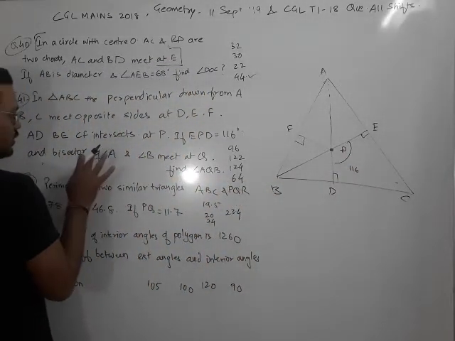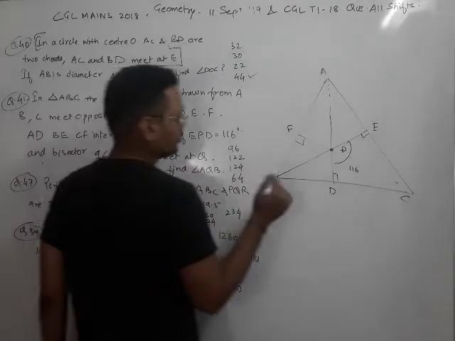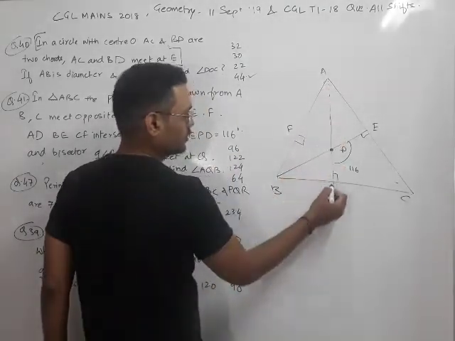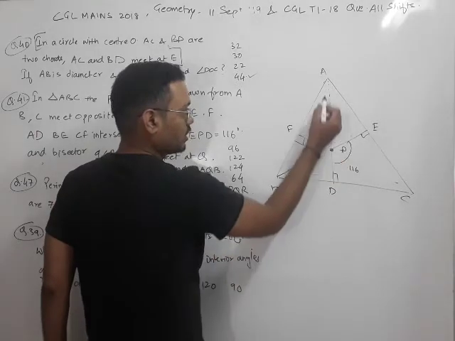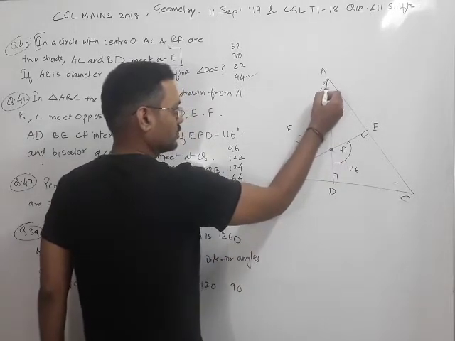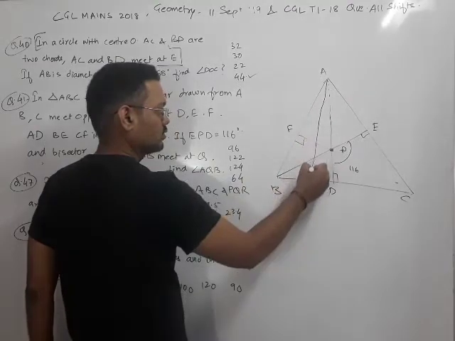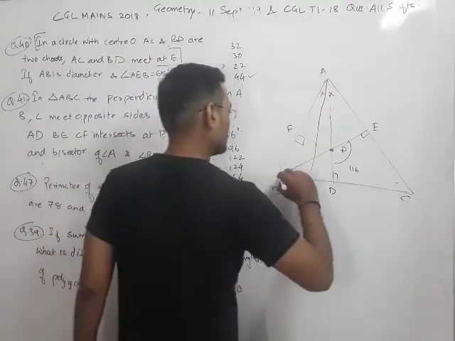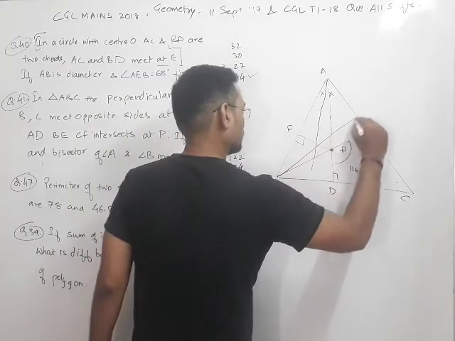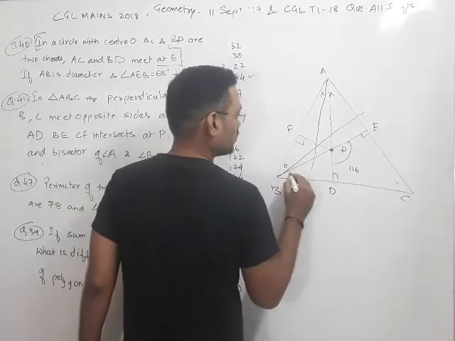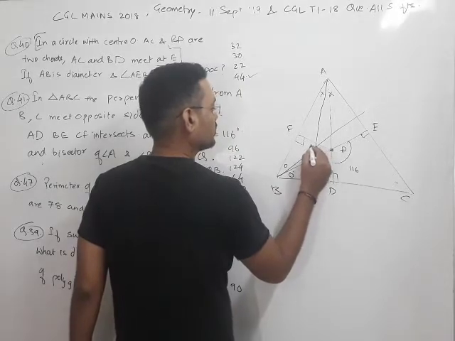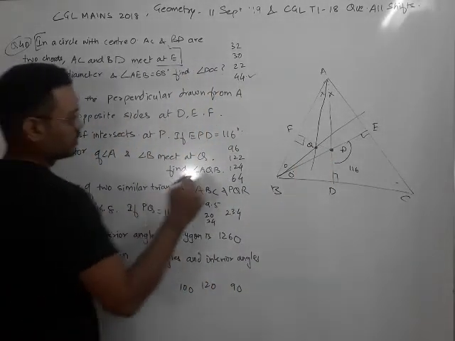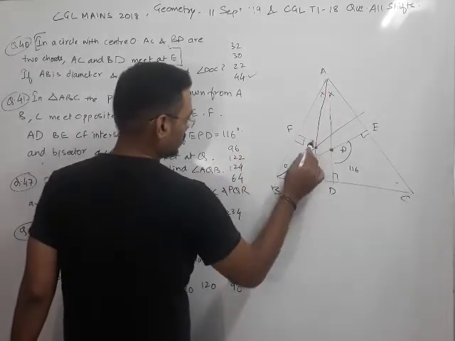And the bisectors of angle A and B meet at Q. Okay, so this was perpendicular, the orthocenter. Now the bisectors meet at Q. Find angle AQB.